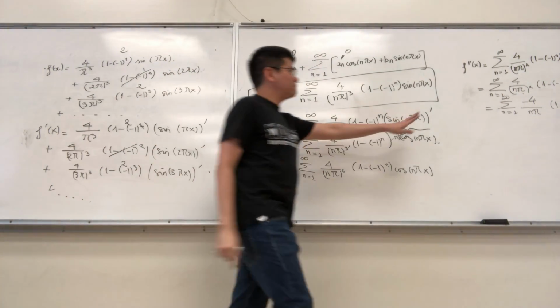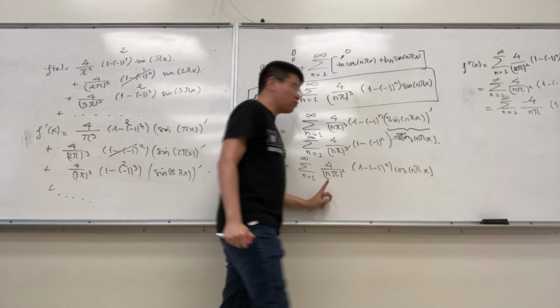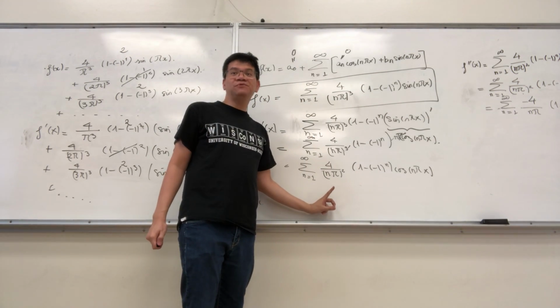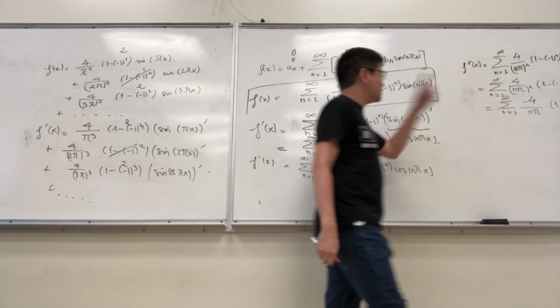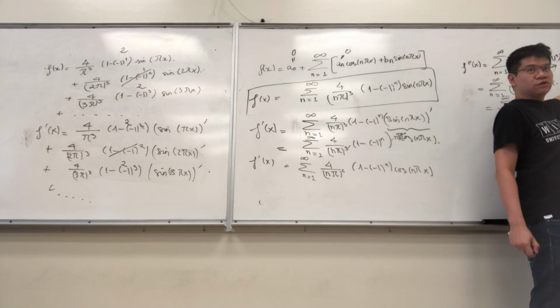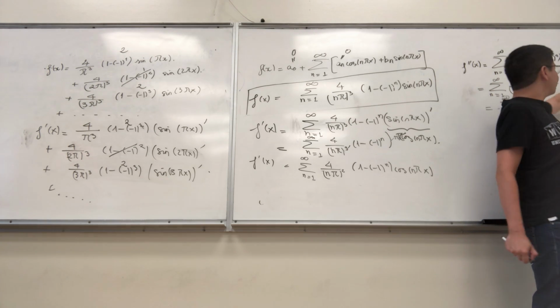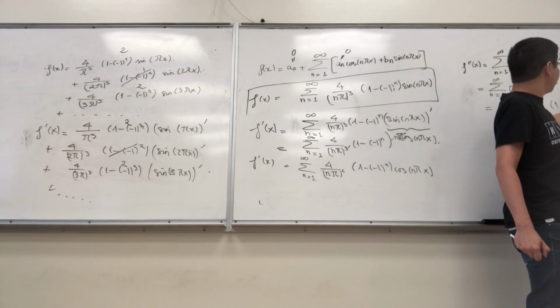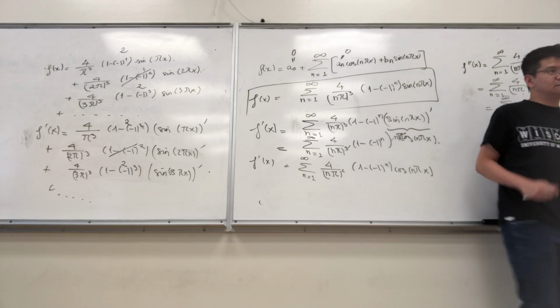All right. Now I have f prime already. If I want to compute f second, I'm going to take the derivative with respect to the cosinus function. The derivative of the cosinus function will give me minus n pi sinus n pi x.